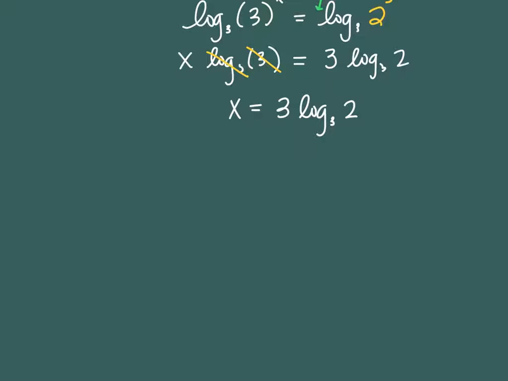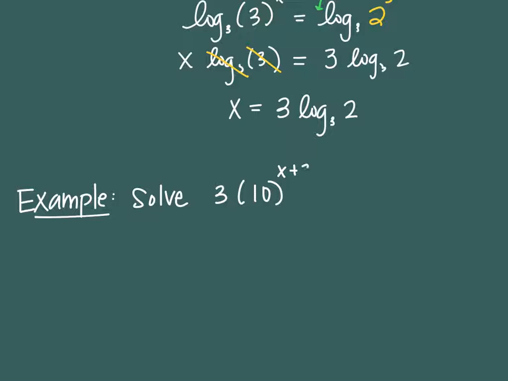Okay, let's try another one. You can stop when you have x by itself. All right, so solve 3 parentheses 10 quantity x plus 2 equals 27.